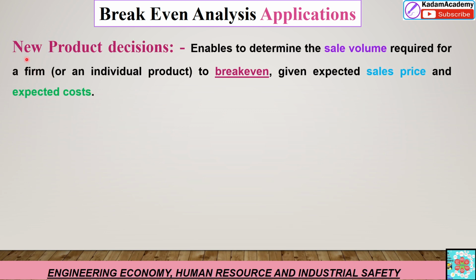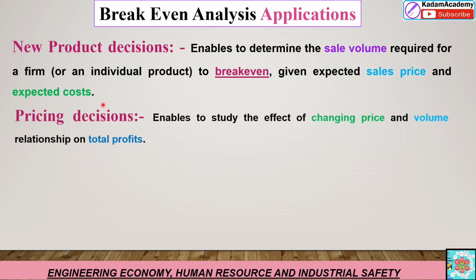We can apply it to a new product decision, which will enable us to determine how much sale volume is required for a firm or an individual product to reach the break-even point, given the expected sale price and the expected cost, for the new product or new business. Okay, this is one of the applications. The pricing decision enables us to study the effect of changing price and the volume relationship on the total profits. That also we can get from this break-even analysis or the chart.